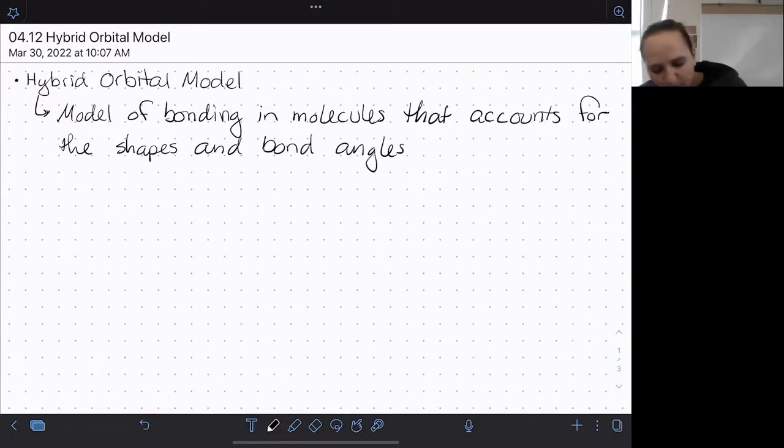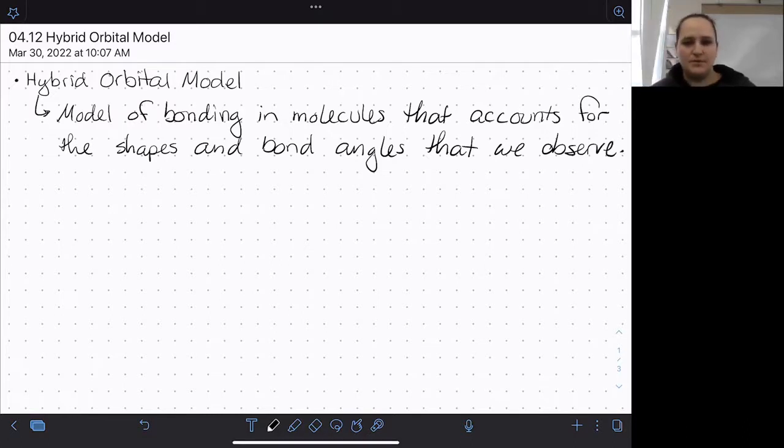So if we think about what we know about atomic orbitals, we have s orbitals, p orbitals, d orbitals, and f orbitals. Most of covalent bonding is done via s and p orbitals, things that have their valence electrons in s and p subshells.